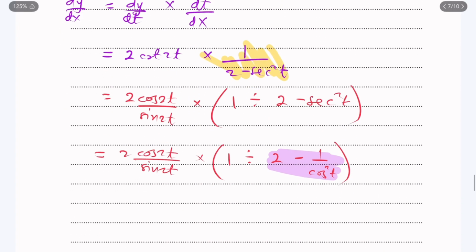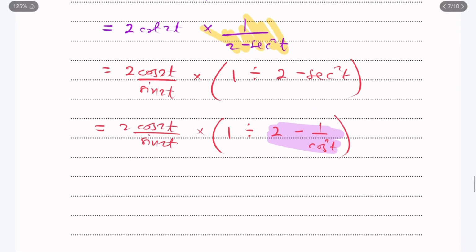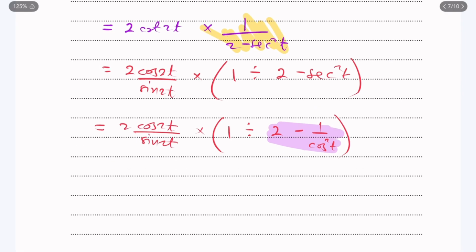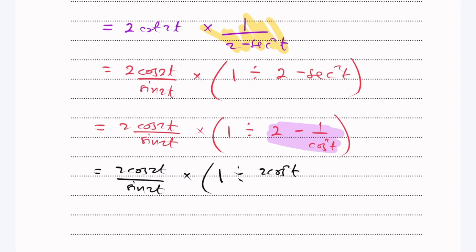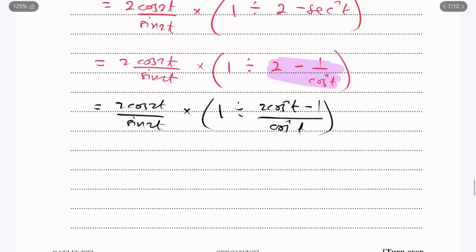Okay, it was 2. Okay. So we are going to have 2 cos 2t over sine 2t times 1 divided by, then I have 2 cos square t minus 1 over cos square t. And then I still have a few more steps to go, but I think I see the light.